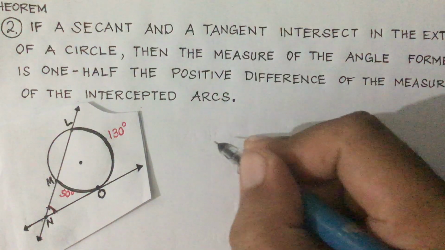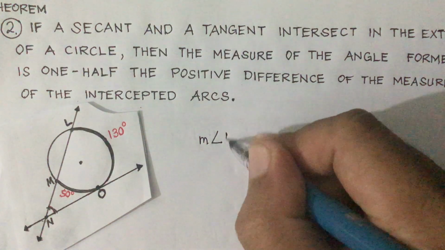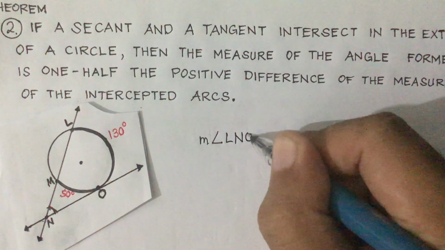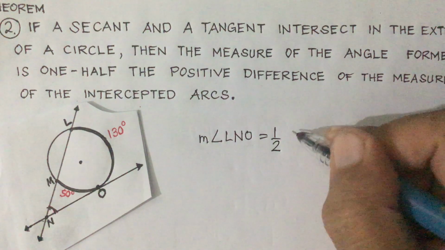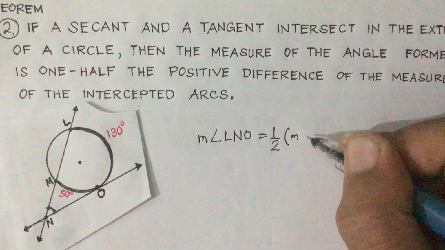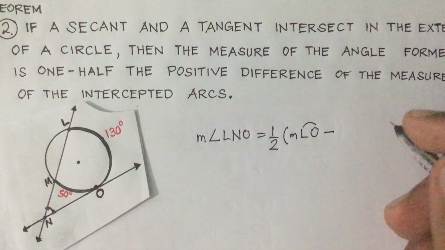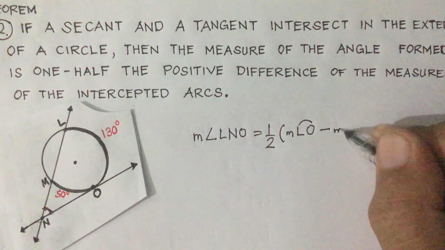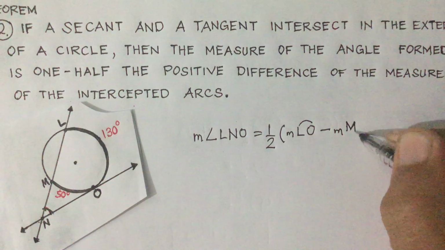So, to get the measure of angle LNO, angle LNO is equal to 1/2 the measure of the bigger arc, which is arc LO, minus the measure of arc MO, the smaller arc.